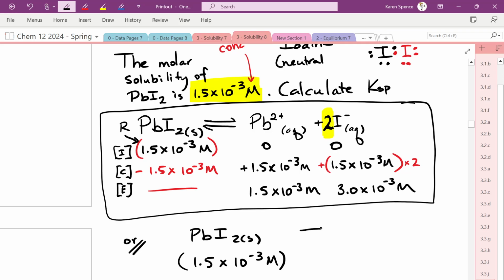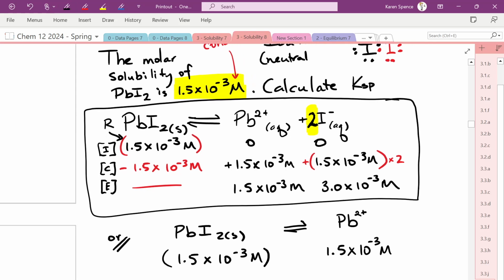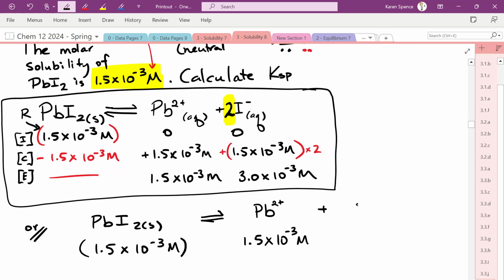That means that when it dissociates, I have 1.5 times 10 to the negative 3 molar lead, and I have 2 times 1.5 times 10 to the minus 3 molar iodide, which is 3.0 times 10 to the negative 3 molar.